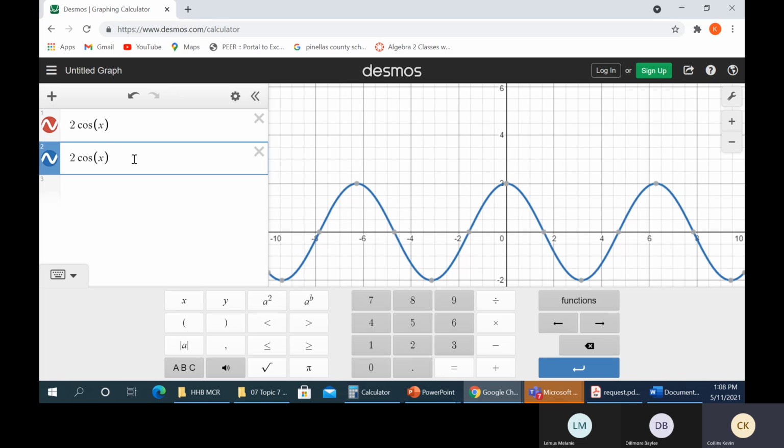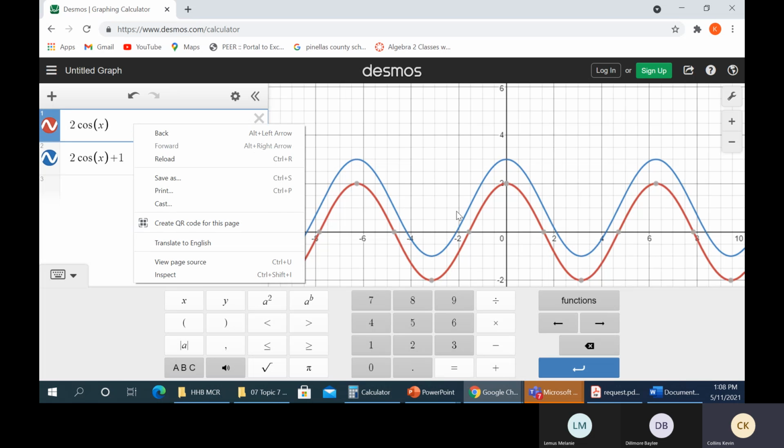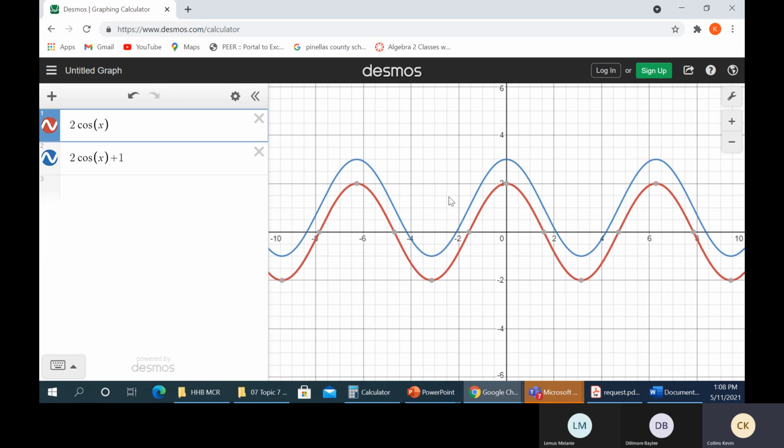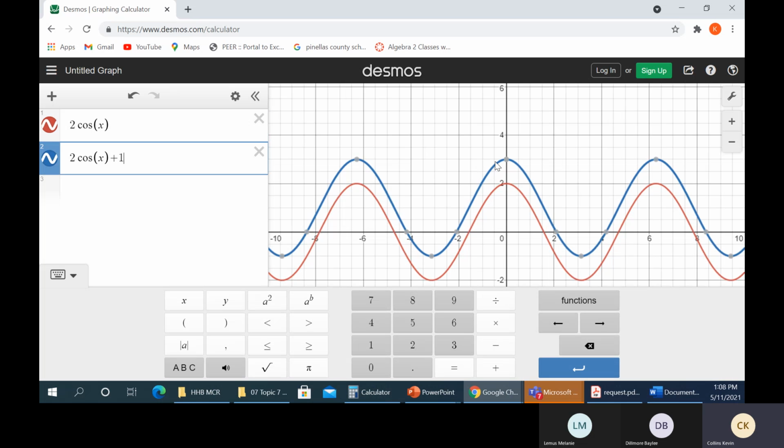So another thing we can do, and we can do this with any function, is move it up and down, and we just do that by adding the number onto the end. So notice the function in blue is now 1 higher than the function in red. Here's the function in red. It tops out at 2, where the function in blue tops out at 3.